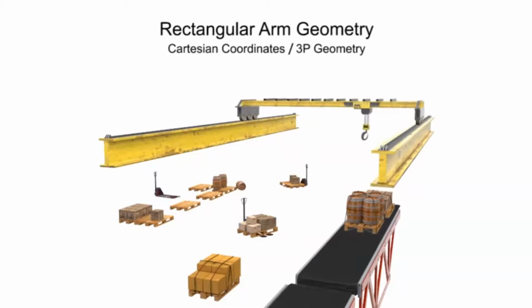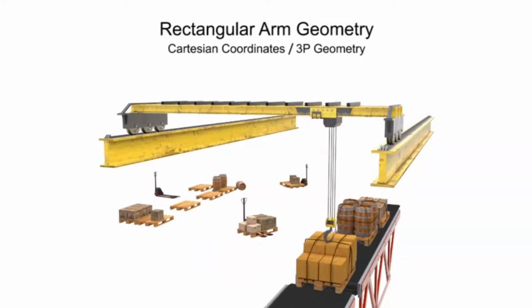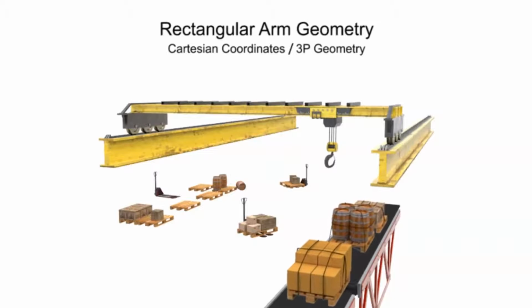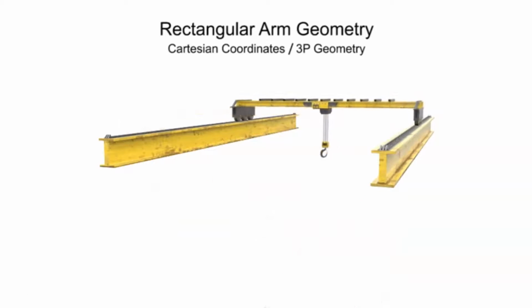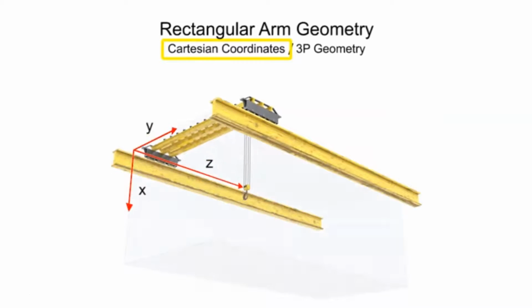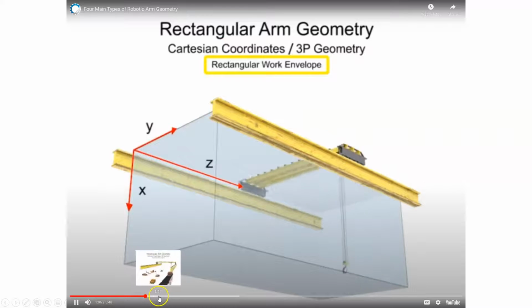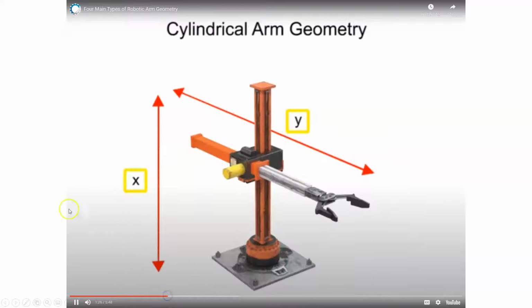This is pretty close to fixed automation, but it would still be flexible automation in that we can use it to lift up different things from different locations. All right, let's move ahead a little bit here, and we'll move to the cylindrical arm.